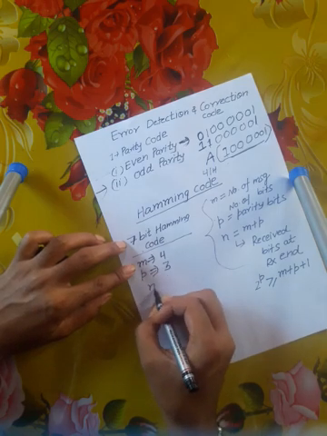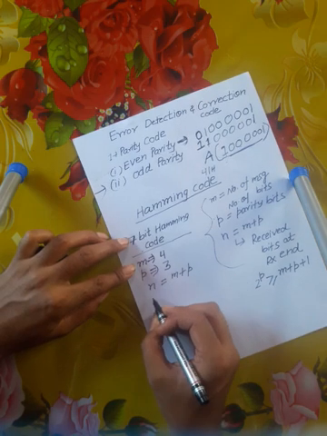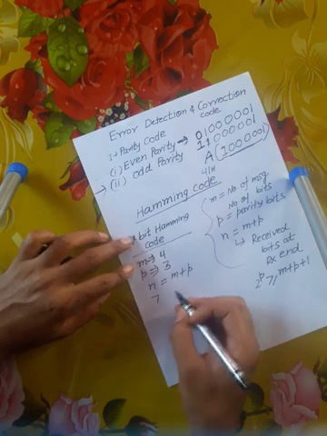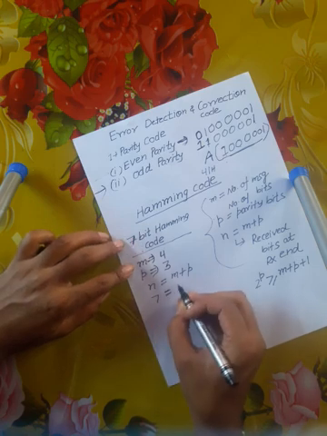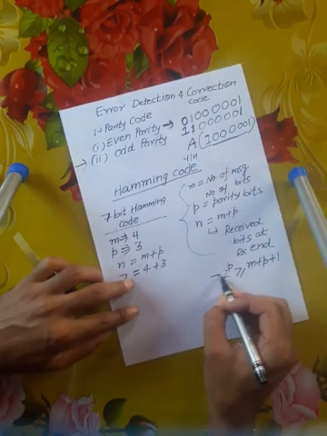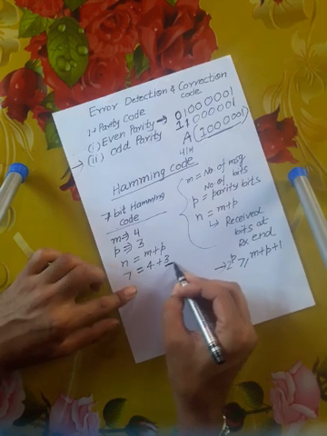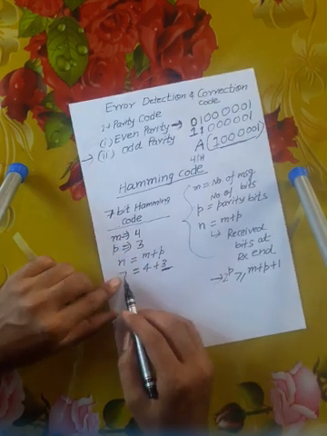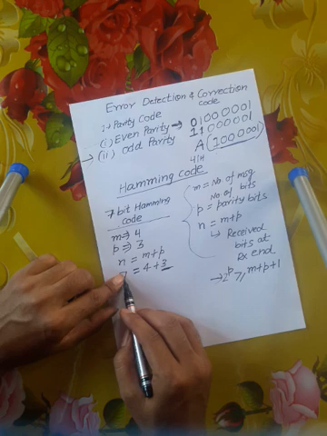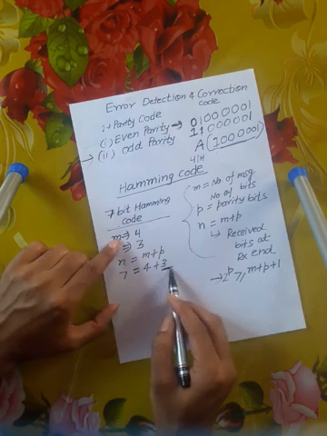N equals M plus P, and N is 7 for the 7-bit Hamming code: M is 4, 4 plus 3. By this formula you can calculate how this 3 is coming. In the exam, the total number of bits and the message signal will be given, and you have to determine the parity bits.